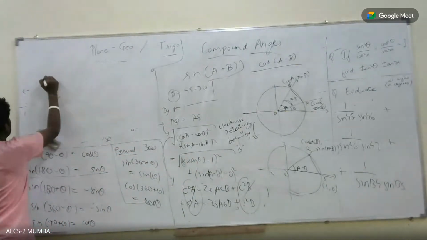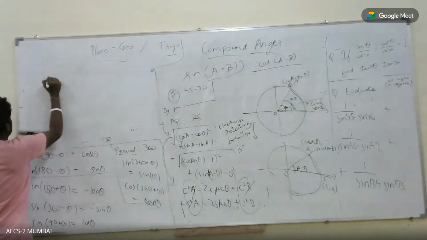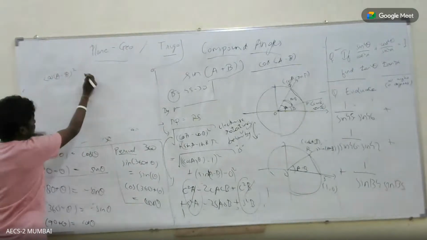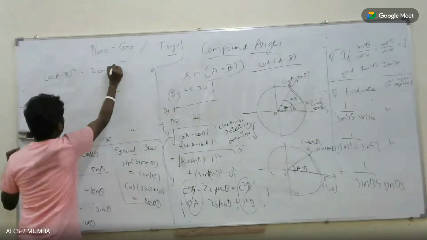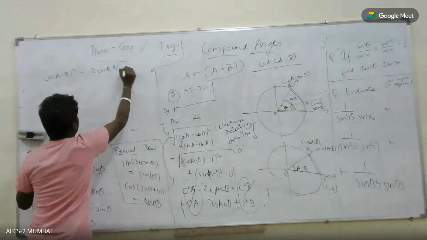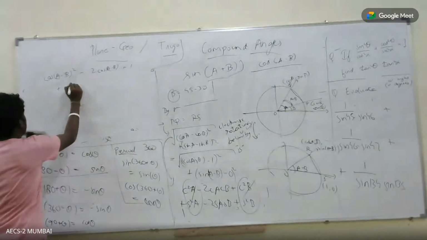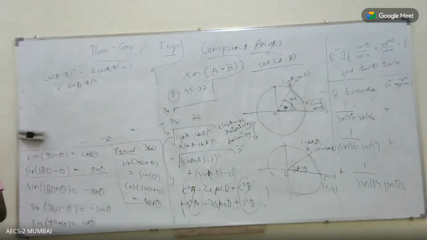What does that look like? This is cos of (A minus B) the whole square minus 2 cos A minus B plus 1, right? And what is this? It is just sine of (A minus B) the whole square. Correct?